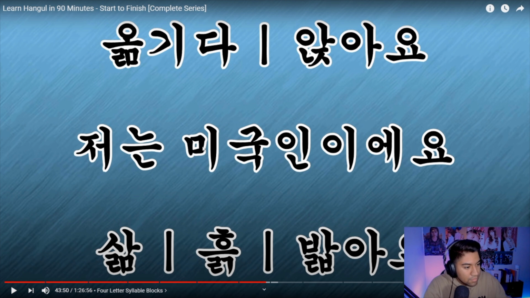Minguk Inieo. What would the "in" be? Would that be a particle to signify a country? I'm asking the chat right now. I have no idea. Okay, we're moving into particles here. But Minguk, I'm pretty sure that's a marking particle.